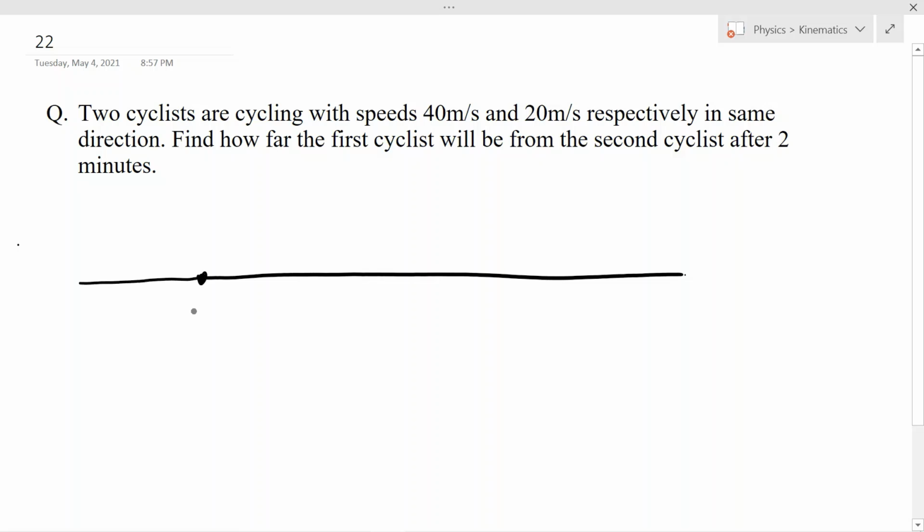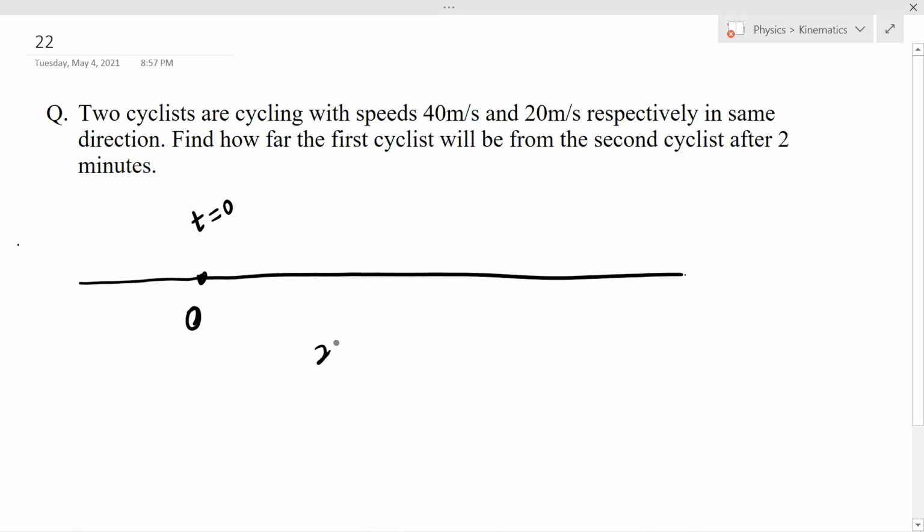So let's say this is our origin and the two cyclists were here at this point when t is equal to 0. Now they will separate. So let's say the first cyclist is with the speed v1 to be 40 meter per second.